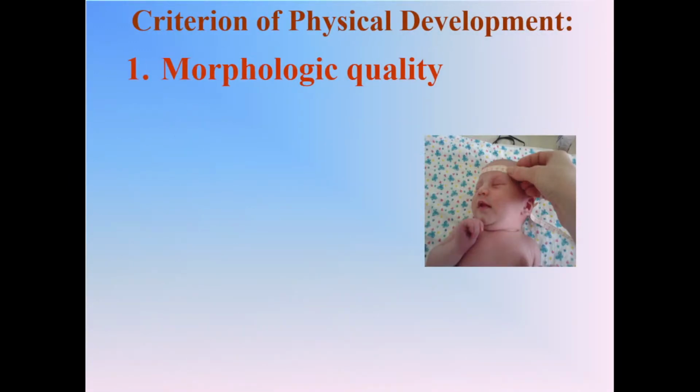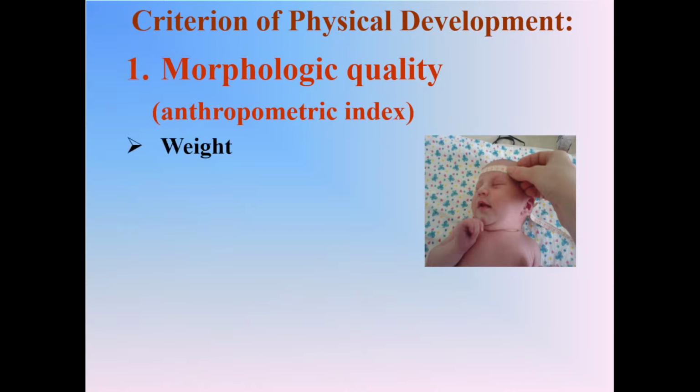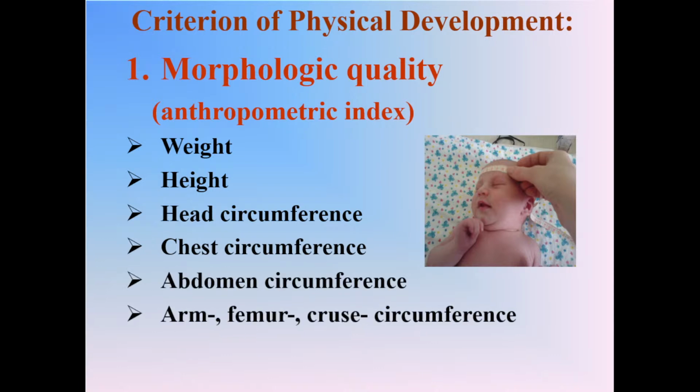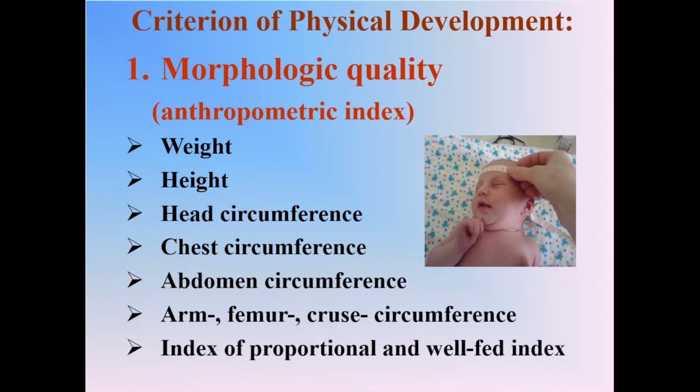Criterion of physical development includes morphologic quality, included in anthropometric indexes: weight, height, head circumference, chest circumference, abdomen circumference, arm, femur, and crus circumference, and index of proportional and well fit index.